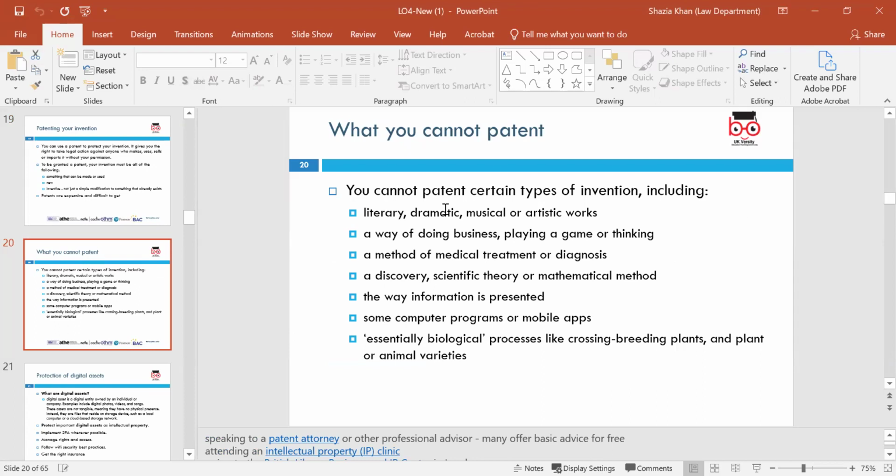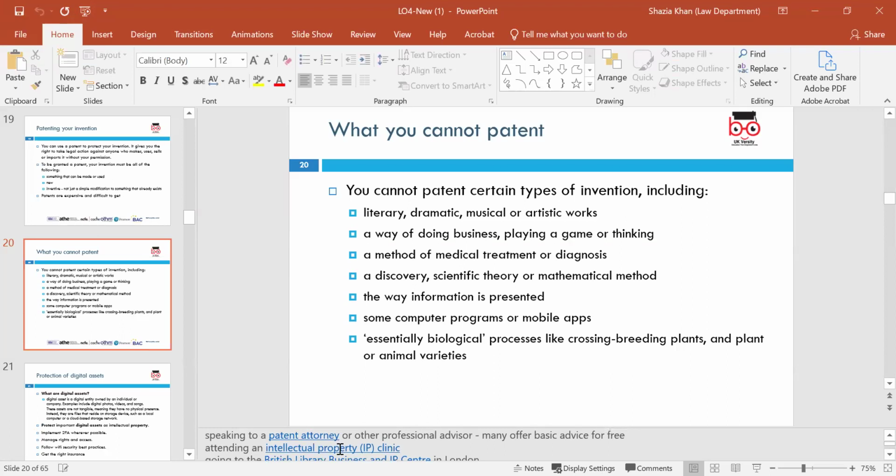A way of doing business, playing a game, or thinking. A method of medical treatment or diagnosis. A discovery, scientific theory, or mathematical method. The way information is presented. Some computer programs or mobile apps. Essentially biological processes like crossbreeding plants and plant or animal varieties. So these cannot be patented.